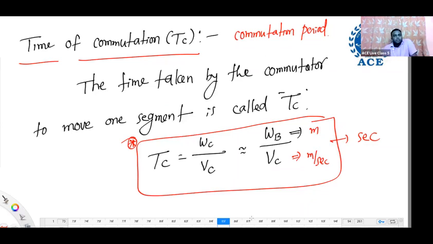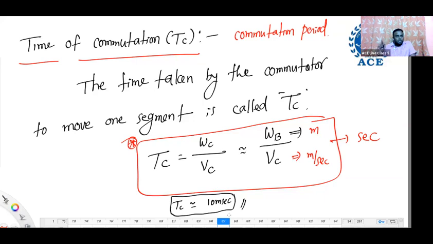Now observe. Time of commutation is defined as the time taken by the commutator to move one segment. In the same time, current reversal takes place. If current reversal also takes place in the same time, you don't get any spark at the brush. For example, say the time of commutation I got from this calculation is 10 millisecond.